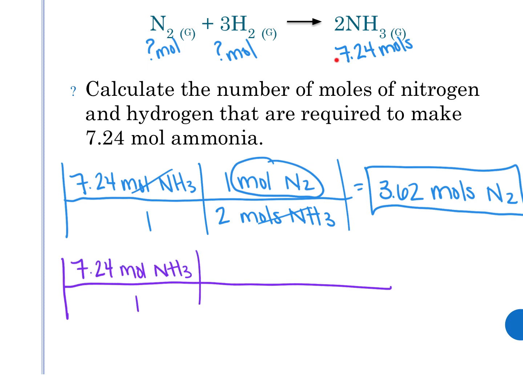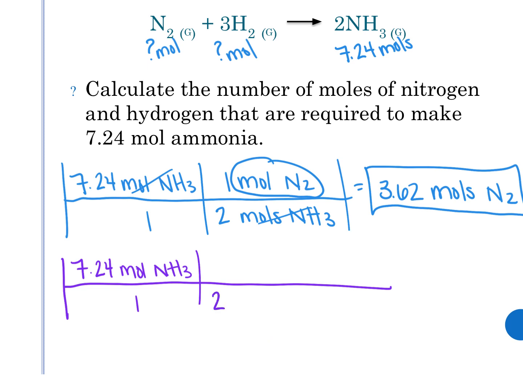This time we need to get from ammonia to hydrogen. What do you have to use to move from ammonia to hydrogen? What do we call that? Everyone say mole to mole ratio. Mole to mole ratio. Good. How many moles of ammonia are there? 2. If ammonia is up here, what has to go down here?